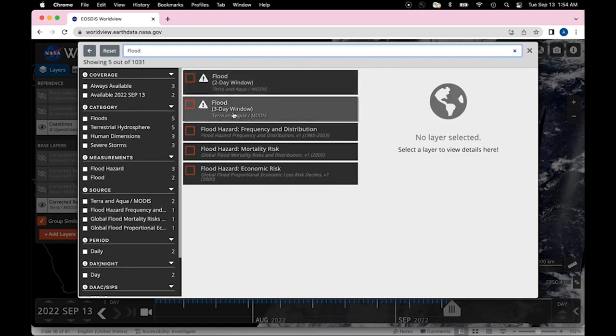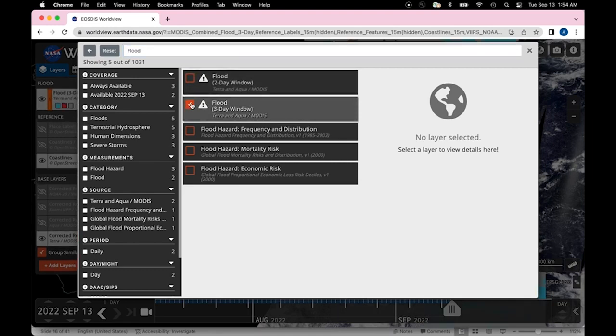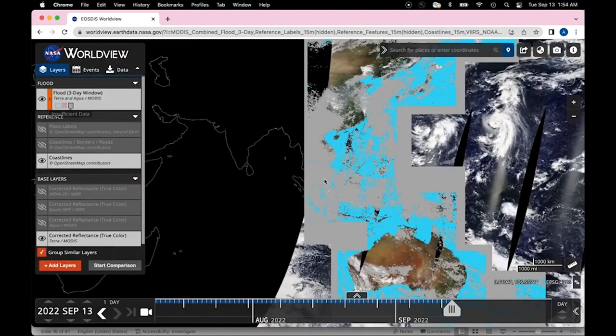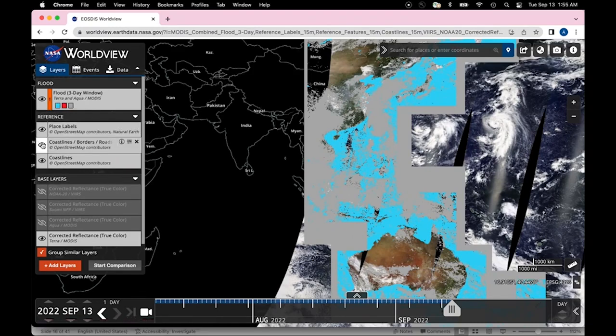These two are MODIS-based flooding. This is 2-day composite and this is 3-day composite. So let's look at the 3-day composite. And once you select it, that layer gets added to this. So this is the MODIS flood map. You can also turn on place labels, and coastline and borders.